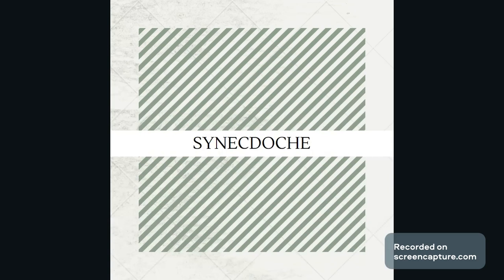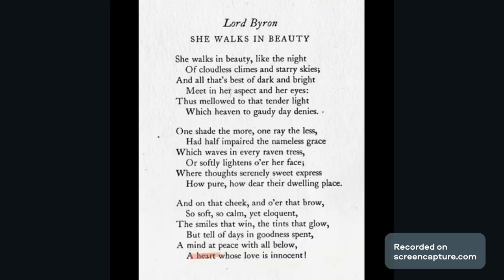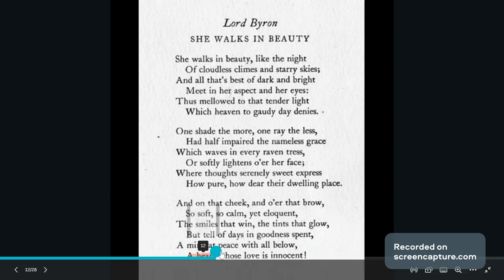And well, now we have the synecdoche. Synecdoche is a different kind of metonymy, a variant of it, we could say, in which one part of an object or idea stands for the whole thing. It represents it whole. Here we have an example in She Walks in Beauty by Lord Byron, in which a heart embodies the person itself.